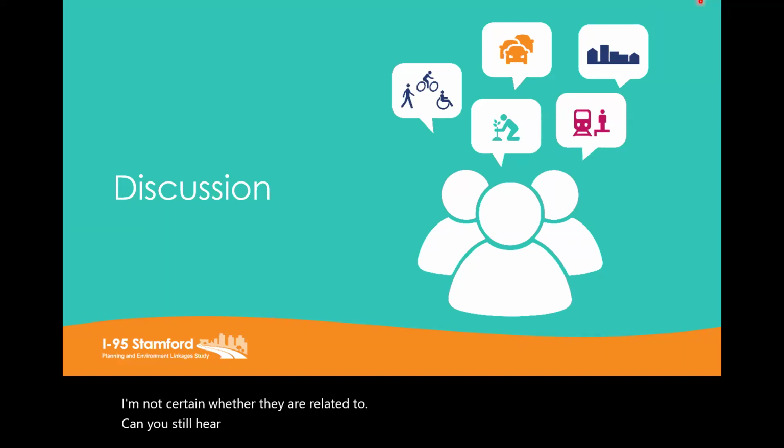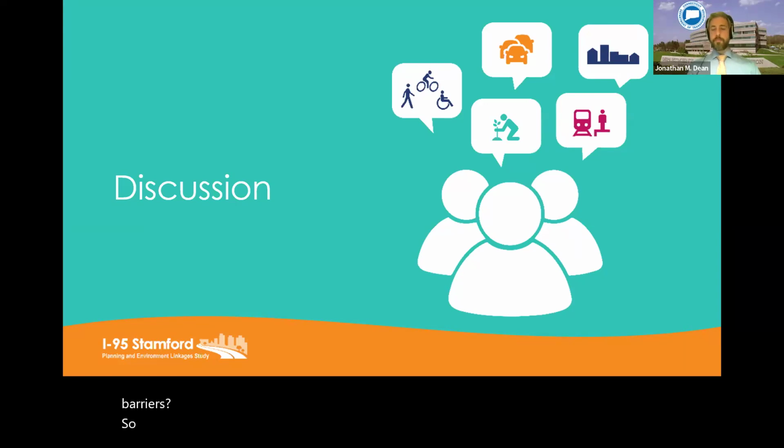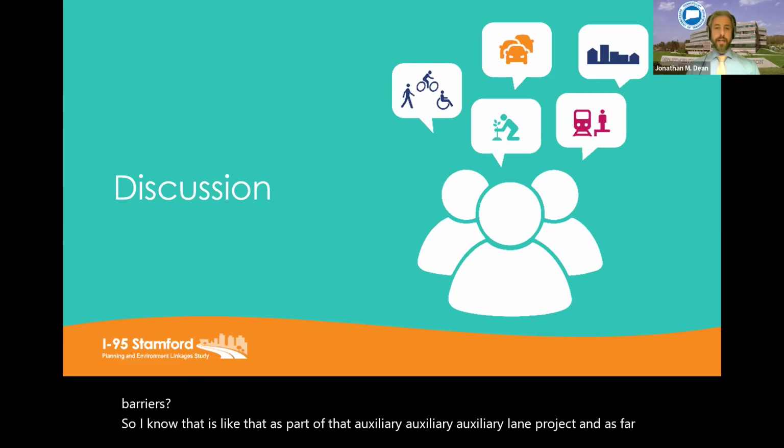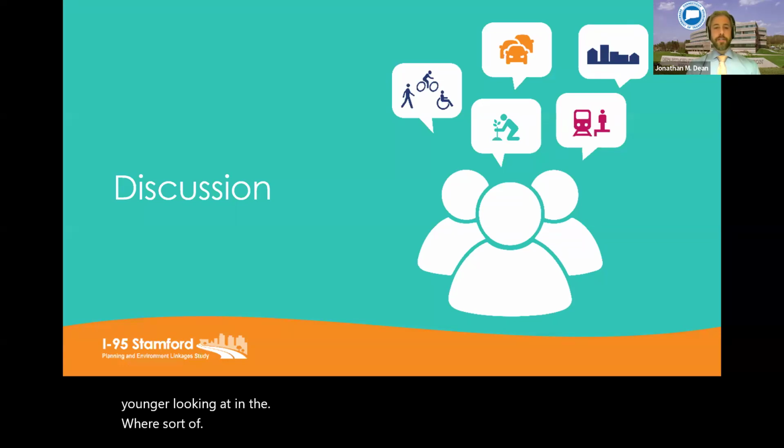One other question is, are we going to get any type of sound barriers? I know that was looked at as part of that auxiliary lane project. As far as what we are looking at in the I-95 Stamford PEL, we're so early on in the process.